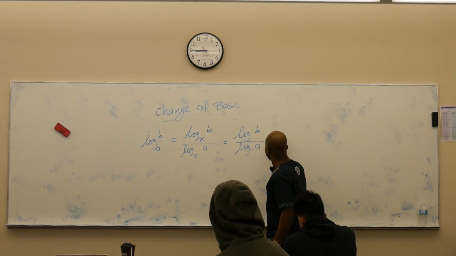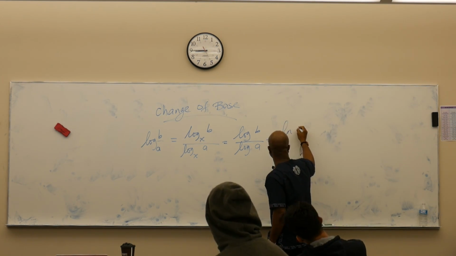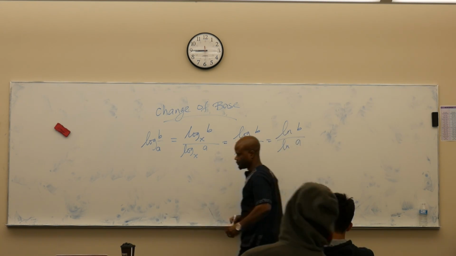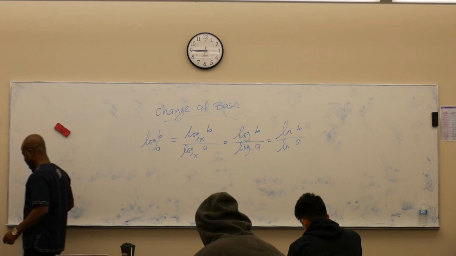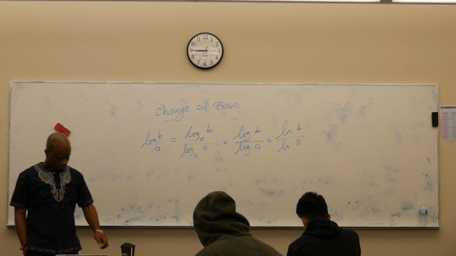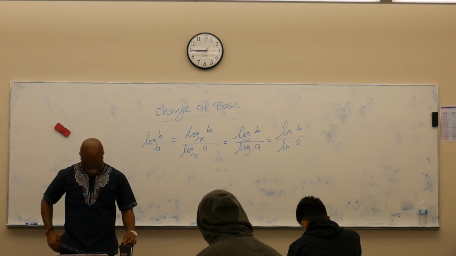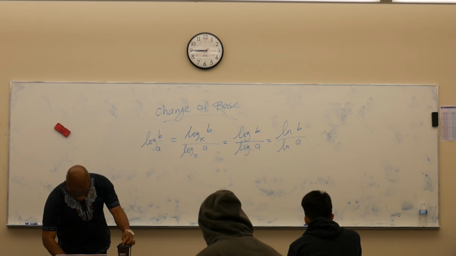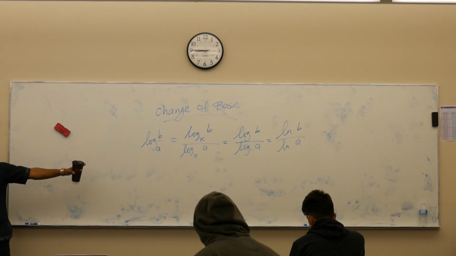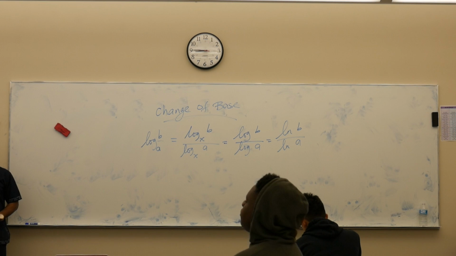I also have the natural log. So I could also write this as the natural log of b over the natural log of a. That's an L. I've got people still writing I N. Okay? That's the brand new thing for today.